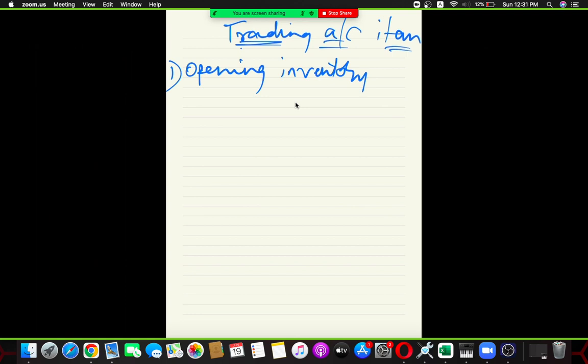Now, we have understood that asset has debit balance, okay? What is happening is that when did you record this particular inventory as an asset? You recorded it as an asset in the previous year, as on 31st March of the previous year. You have shown it as debit, that is asset debit balance.